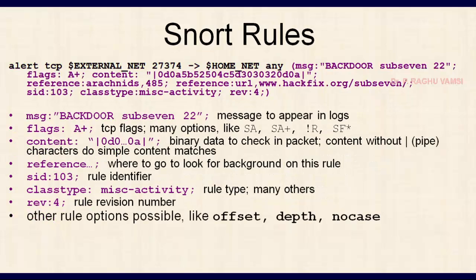And what about the option body? So far we have seen the rule header. The option body is like this. MSG is the message to appear in the logs, and flags A plus means the TCP flags. There are many options like SA plus, not, or SF star. This kind of flags are available, and each and every flag has its own description.